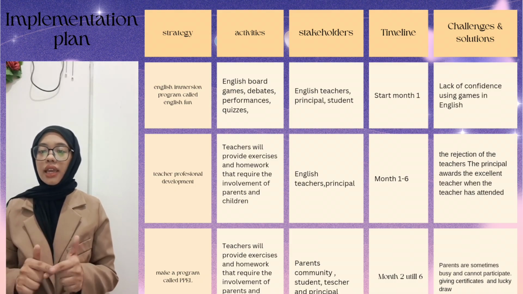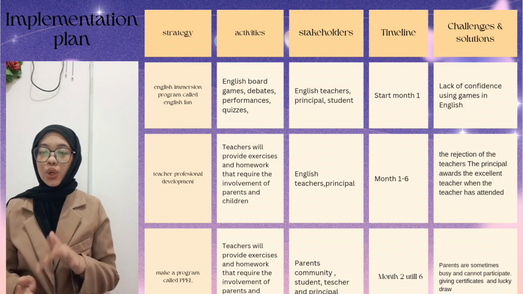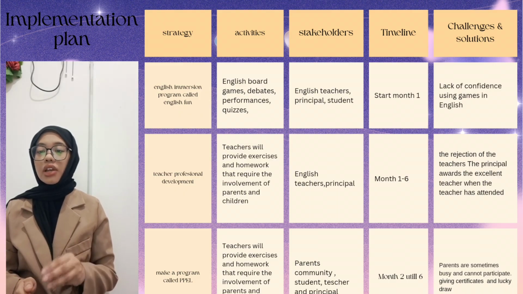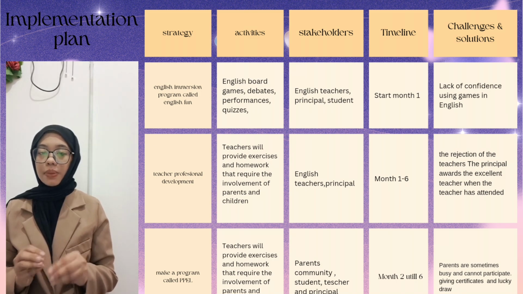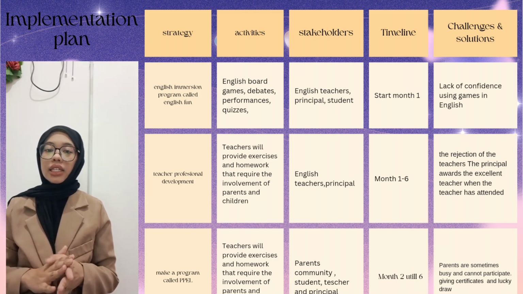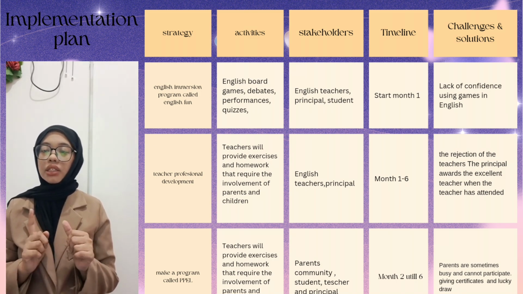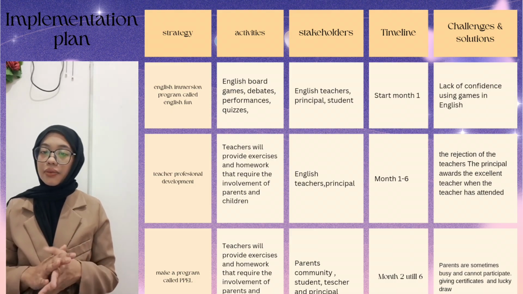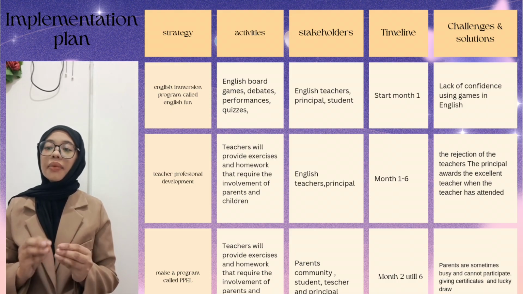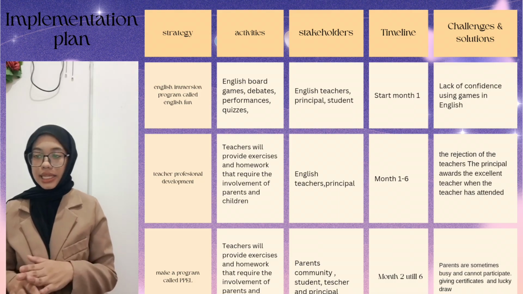There are also games such as storytelling, quizzes, lucky draws, and sharing sessions to support the PPEL program. The stakeholders are parents, the community, students, teachers, and principals. The timeline will be months 2 until 6.